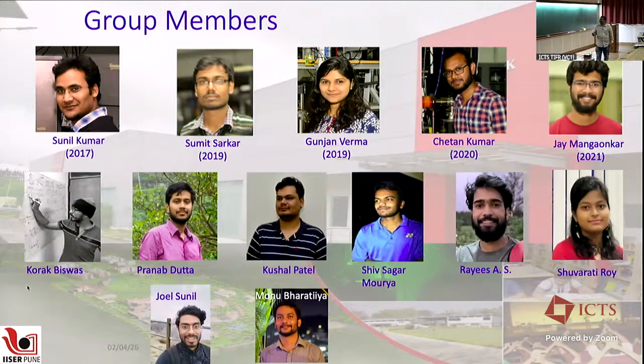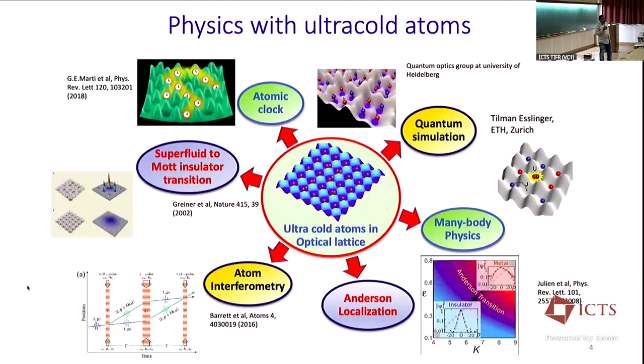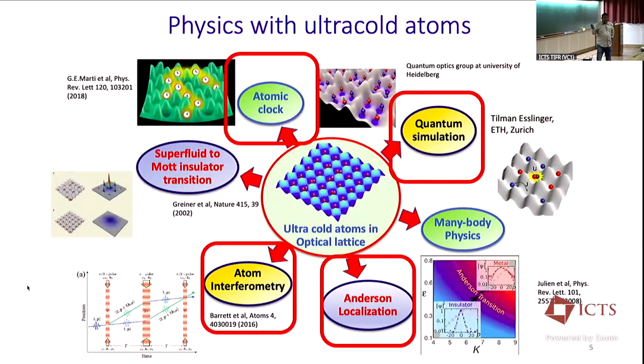As you all know, by now you would have known what all things can be done with ultra cold atoms. I've just given a few examples here. There are many, many more things that can be done. I'm showing this because in our group, we are basically working on multiple projects focusing on using ultra cold atoms for building atomic clocks, the laboratory-based atomic clocks, to do quantum simulations.